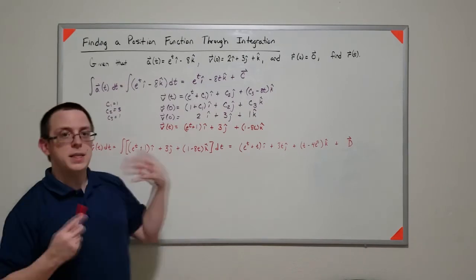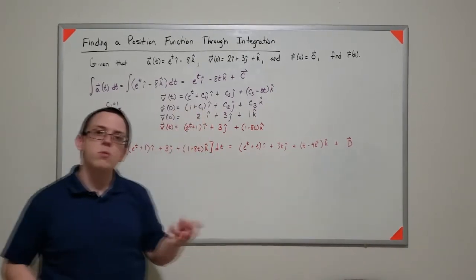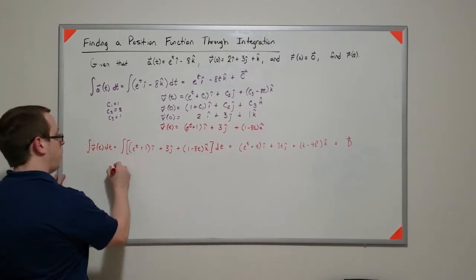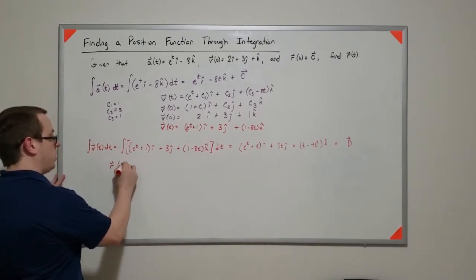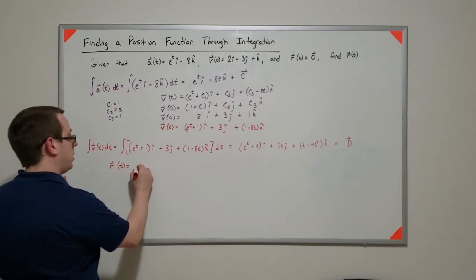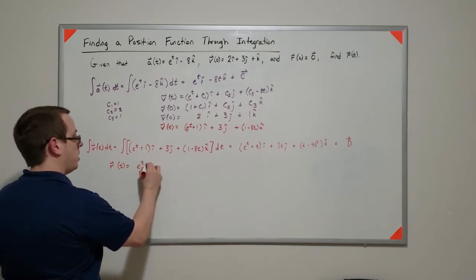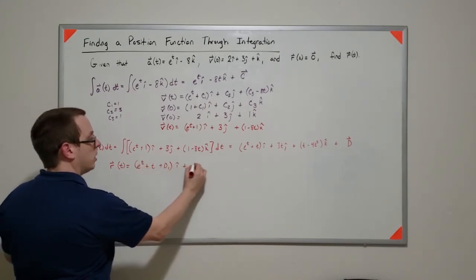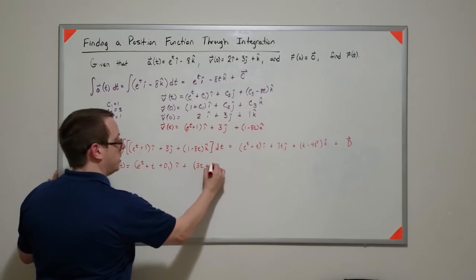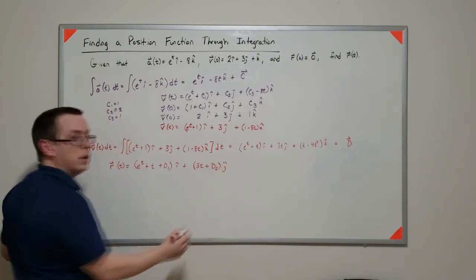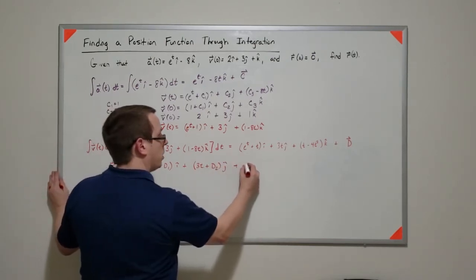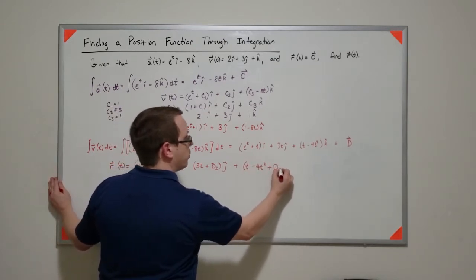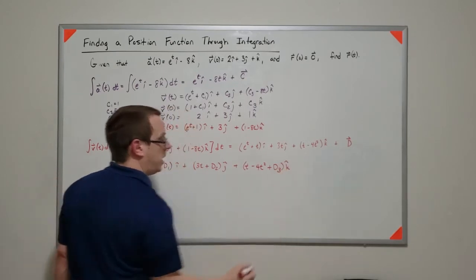If this d has components d1, d2, d3, well, that tells me that my position function is (e^t + t + d1) i plus (3t + d2) j plus (t minus 4t^2 + d3) k.